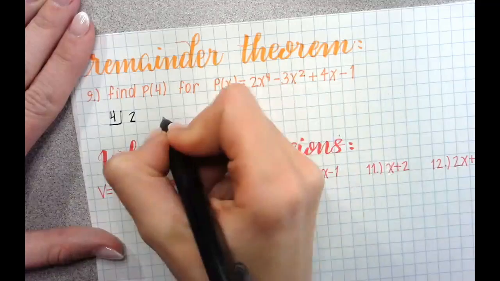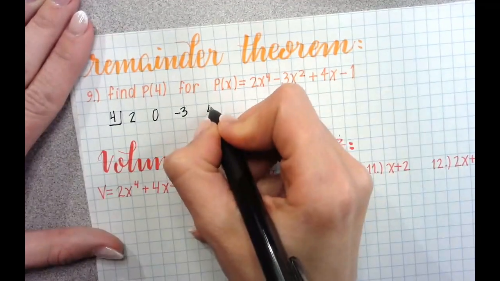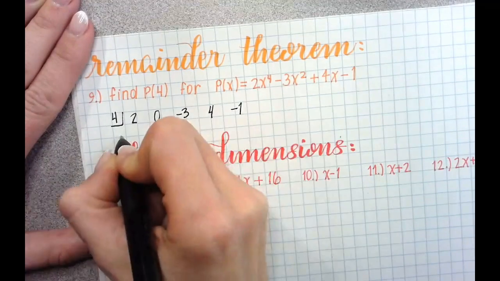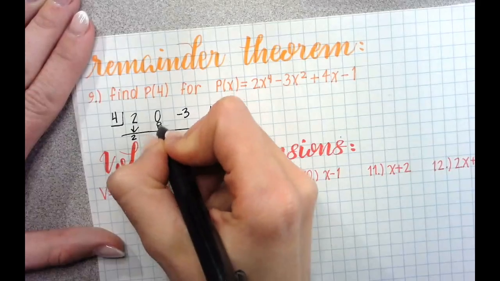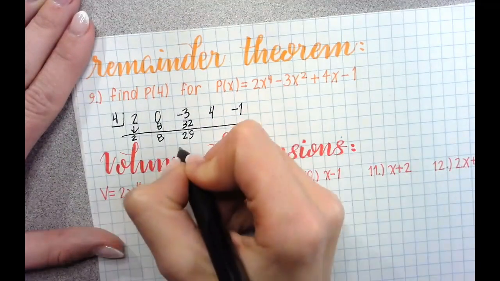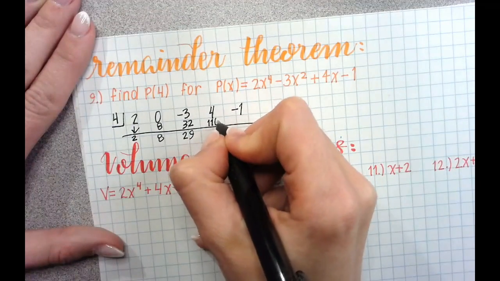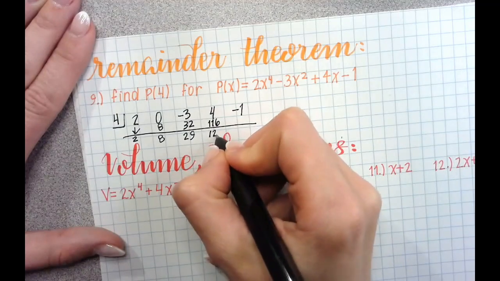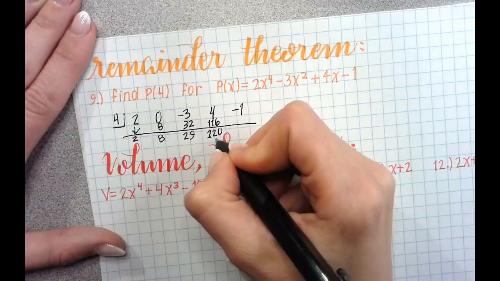2, there's no cubed. Placeholder, -3, 4, -1, 2, that gives us 29. 30 times 4 would be 120, so 116. 12 times 4, 48.